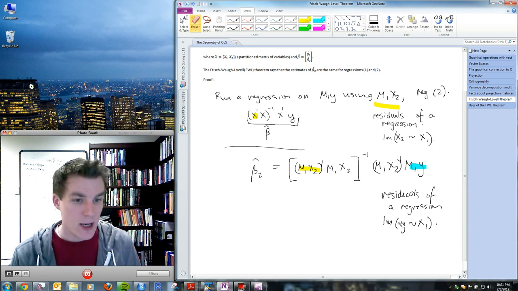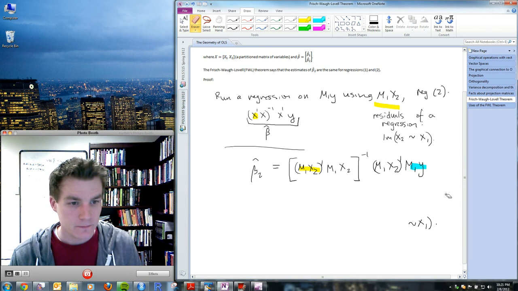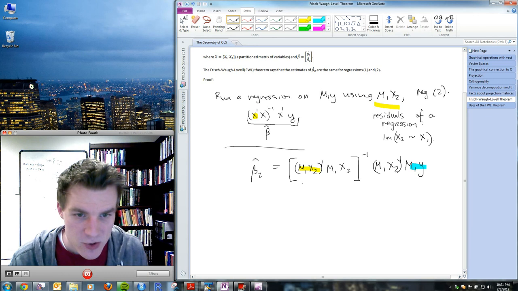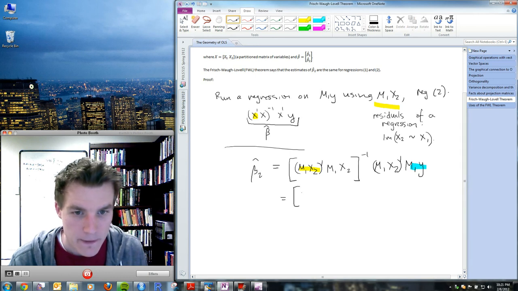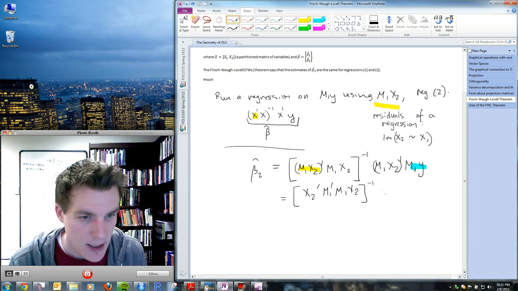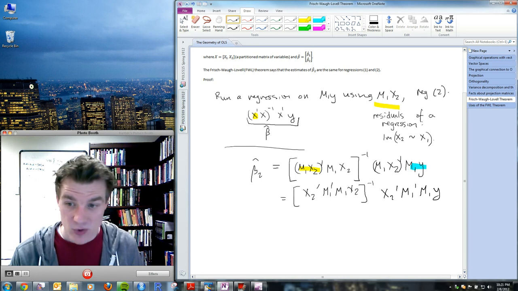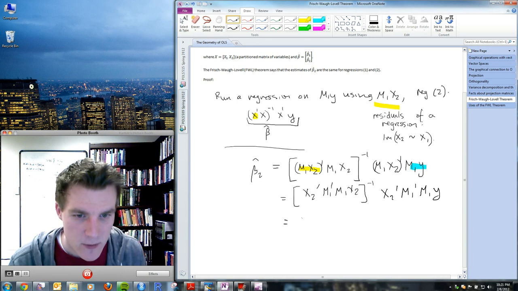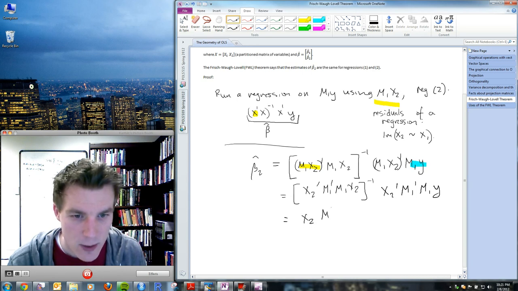I can simplify this a little bit. m1 x2 transpose equals x2 transpose m1 transpose, so this is x2 transpose m1 transpose m1 x2 inverse x2 transpose m1 transpose m1y. m1 transpose equals m1. We proved that earlier in today's lecture.